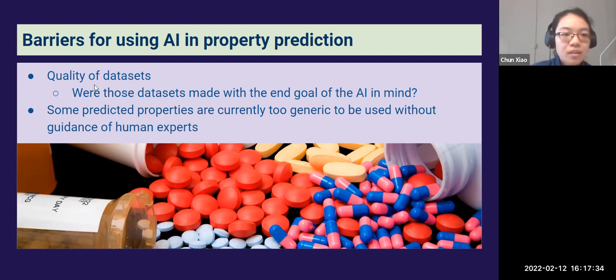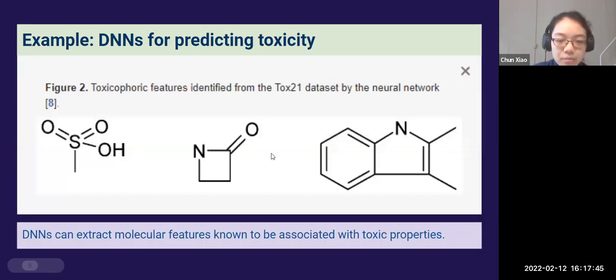And secondly, there are some predicted properties that are currently too generic to be used without the guidance of human experts. As in our previous example about toxicology, some of these structures are really generic and they show up a lot.